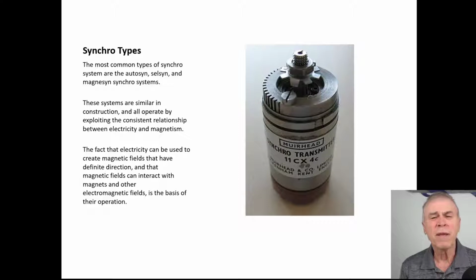In effect, just making a simple electromagnet. If you can control that, you can control the magnetism. The fact that electricity can be used to create magnetic fields that have a definite direction, and that magnetic fields can interact with magnets and other electromagnetic fields is the basis for their operation.